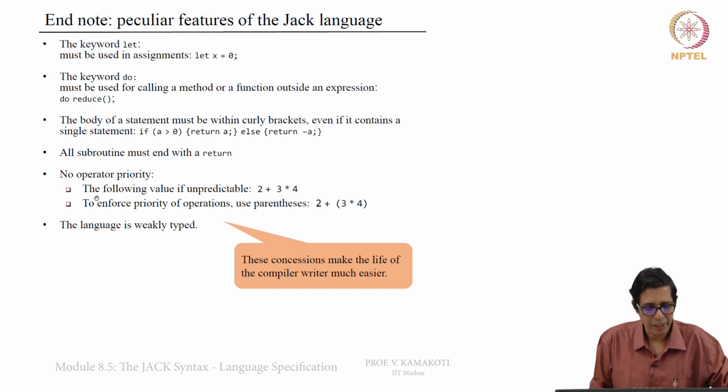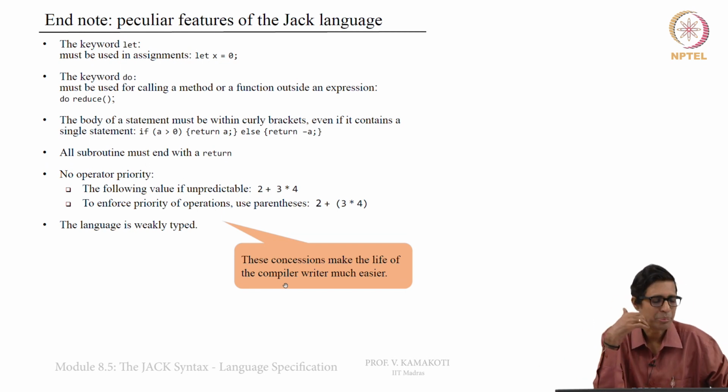No operator priority. So, the following value is unpredictable, for example, 2 plus 3 into 4. To enforce priority of operation, use parenthesis, right. The language is weakly typed in that sense, and these concessions make the life of the compiler writer much easier. So, we have to write a compiler finally.